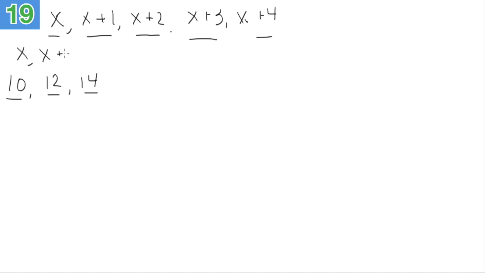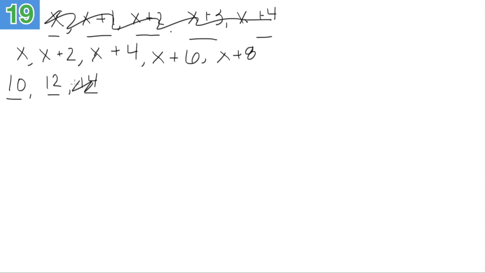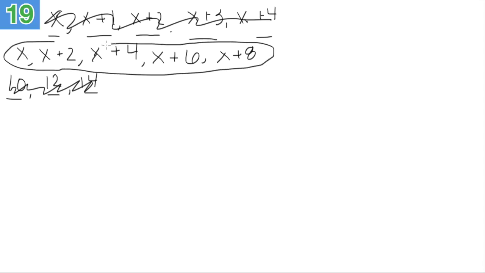We would add 2, because the next even number is always 2 after the one before. x plus 4, x plus 6, and x plus 8, okay? So our 5 consecutive even numbers are here, and now we're going to turn that into an equation.